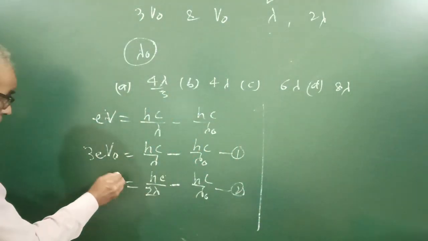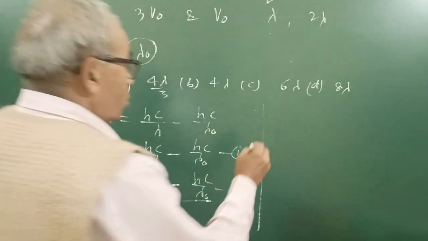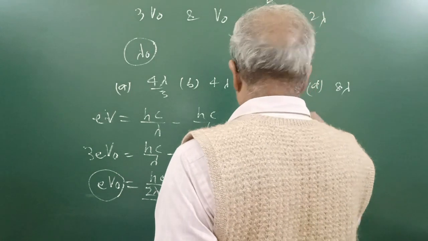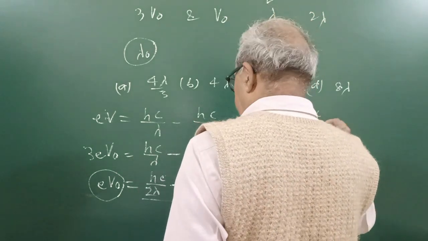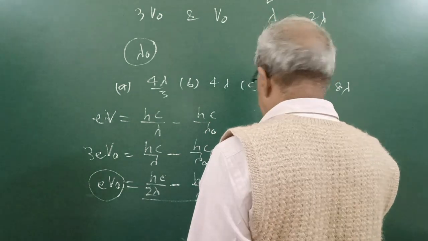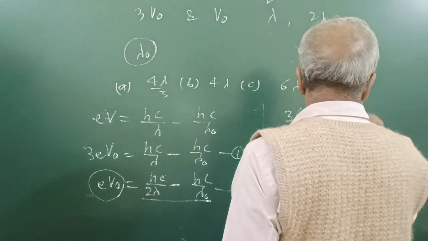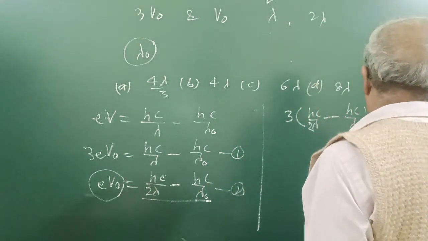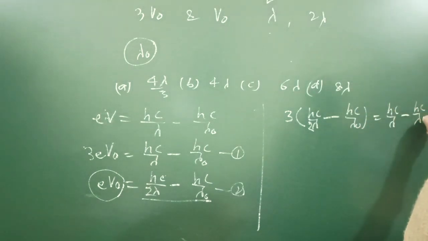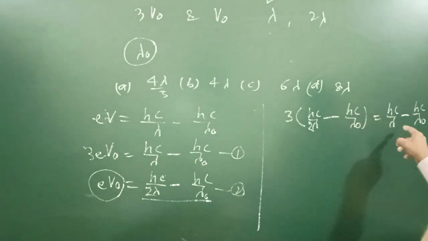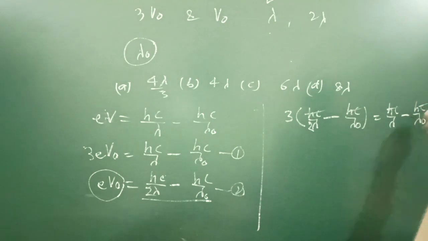It is very simple. eV0 is this. Put it here. Putting this here, you get 3 bracket hc upon 2 lambda minus hc upon lambda 0 is equal to hc upon lambda minus hc upon lambda 0. You need lambda 0 in terms of lambda. These hc will get cancelled.